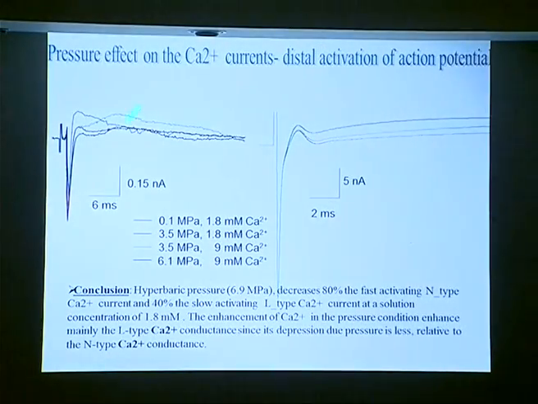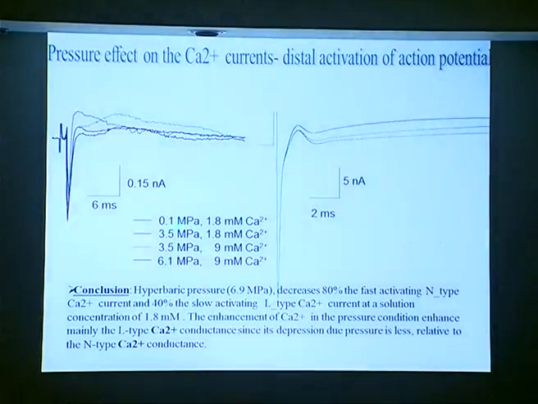That's the pressure effect. The control state is this curve, and after pressure of 3.5 megapascal, in the experiment we got the blue curve. You can see that the fast calcium conductance decreases due to the pressure, and the slow activating calcium conductance wasn't so much decreased.